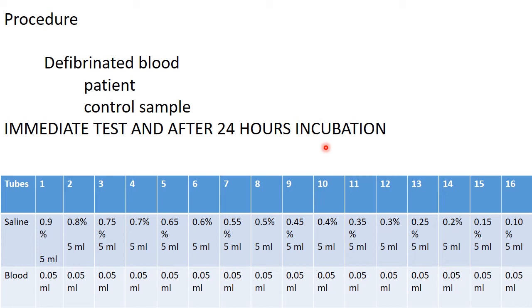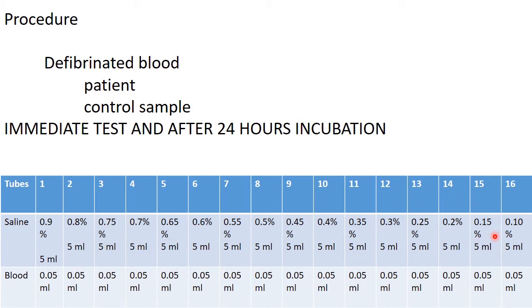For the immediate test, set up the tubes as you see in the chart given below. Set up 2 sets of 16 tubes, 1 to 16, because one is for the test and the other one is for the control sample. With the range from 0.1 to 0.9 percentage of saline in each of the tubes.